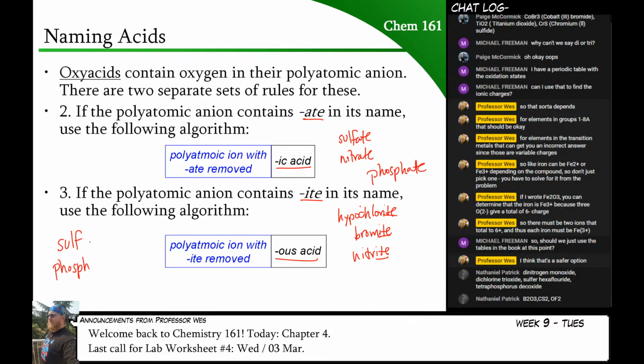So instead of having "sulf", we do "sulfur", and then we write "ic acid" or "ous acid". And then for "phos", we do "phosphor". Again, that is just a spelling modification to make it sound better, but it is what is done. So be mindful that you don't write sulfic acid instead of sulfuric acid.